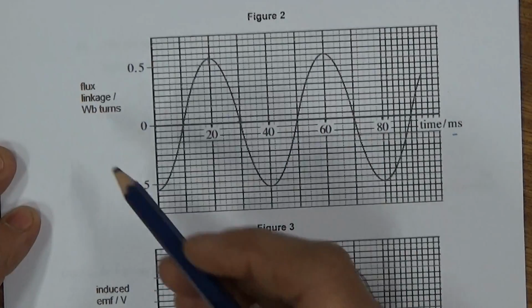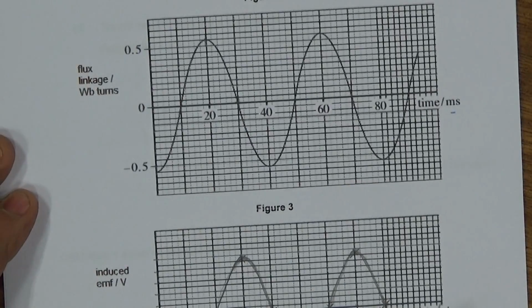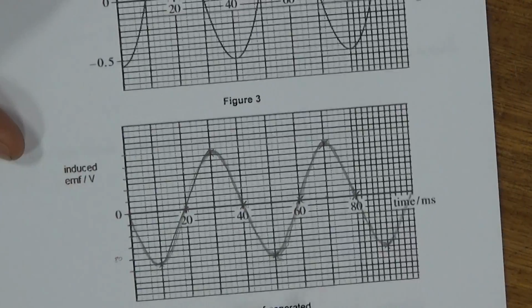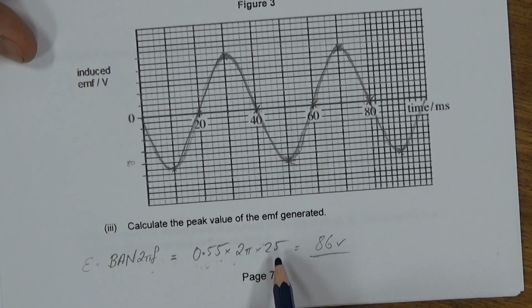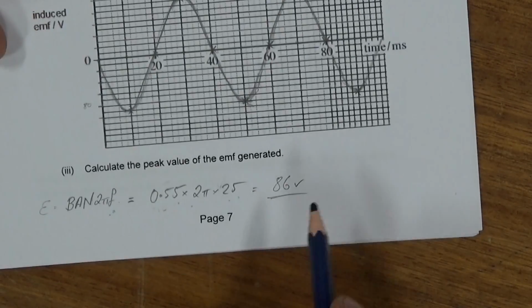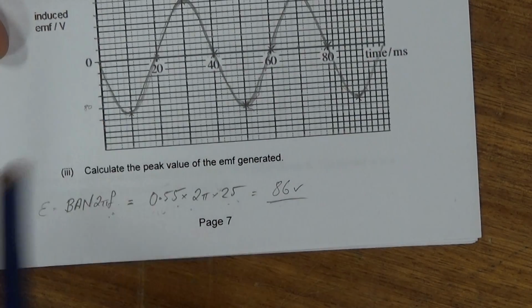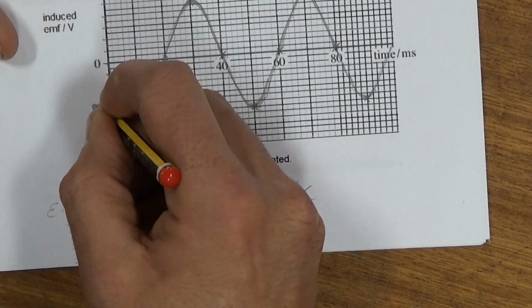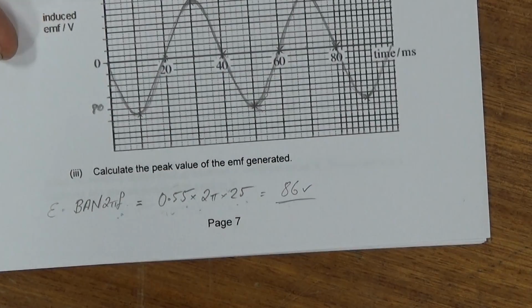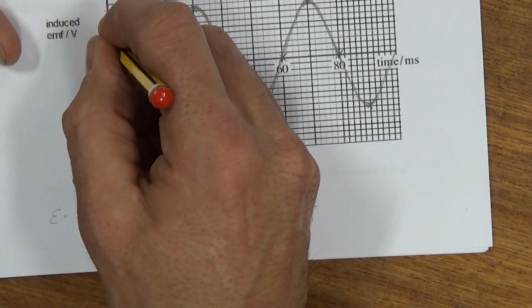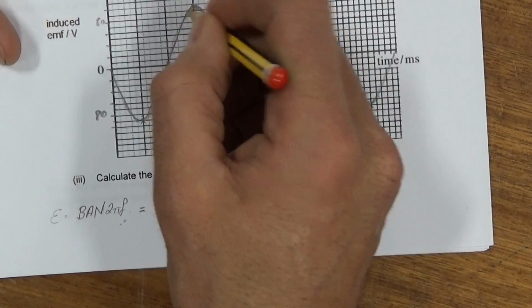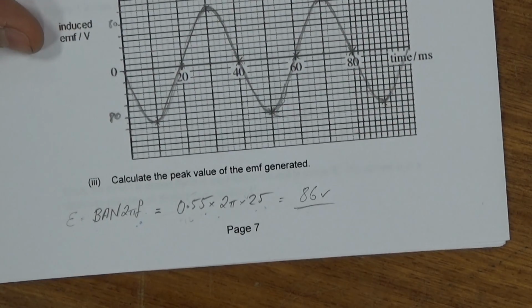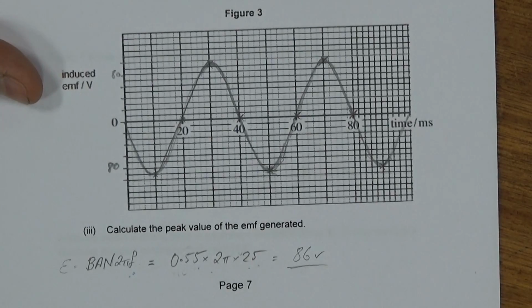That is basically what the flux linkage is, times 2 pi times 25 hertz, which is the frequency which I just worked out up here. And that gives us 86 volts. So I omitted to put a very good scale on this, but that's 80, and I've tried to put that at just over 85. So I went up 20, 40, 60, 80, and just a bit more than that for 85. Okie dokie, so that's that one.